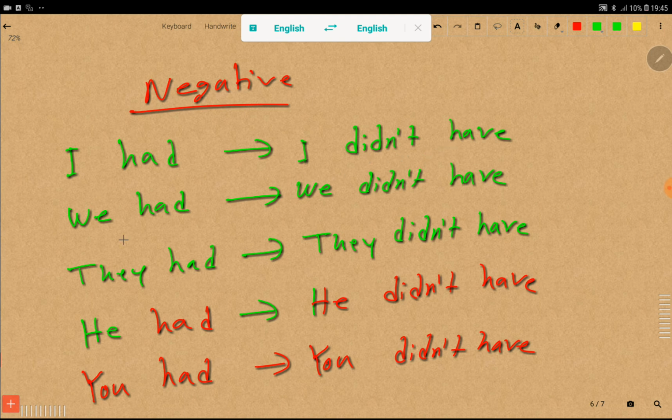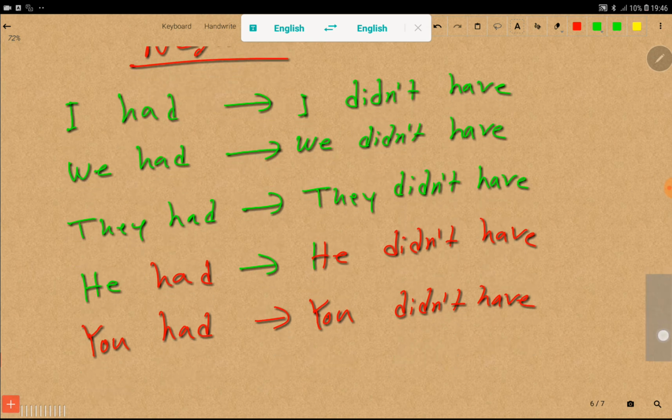We have, we had, we didn't have. For first person singular we'll use didn't. For first person plural we'll also use didn't, and for third person plural we'll also use didn't. So didn't is common for everything. They didn't have, he had, he didn't have, you had, you didn't have, right? I think this is very easy.